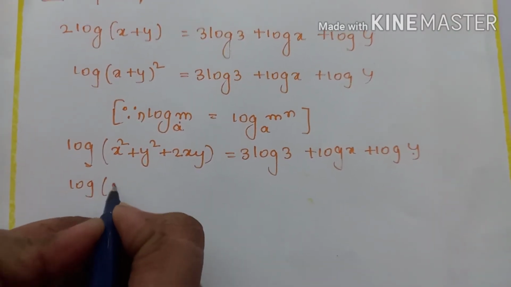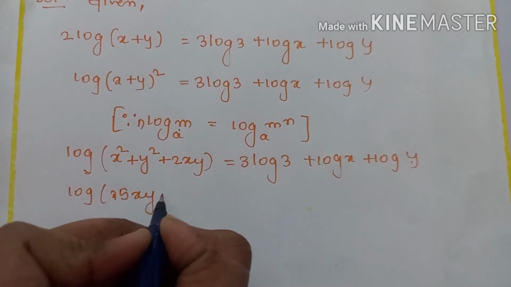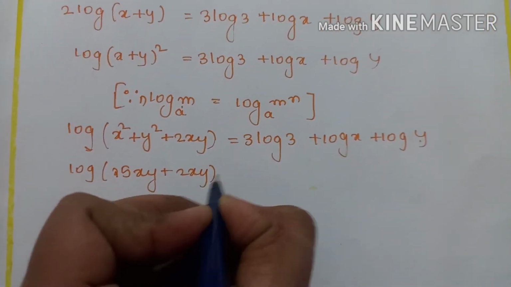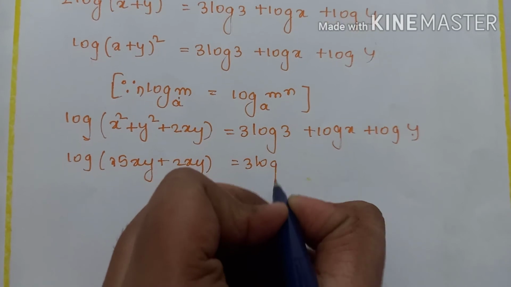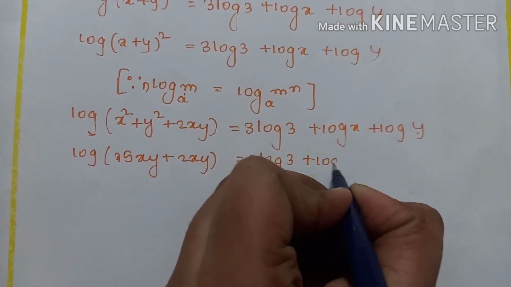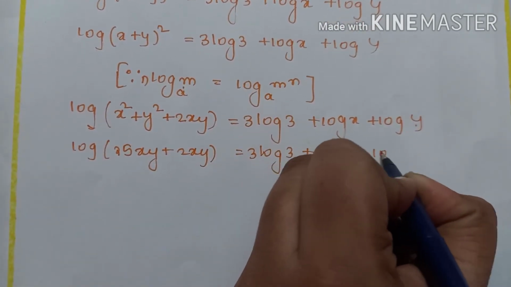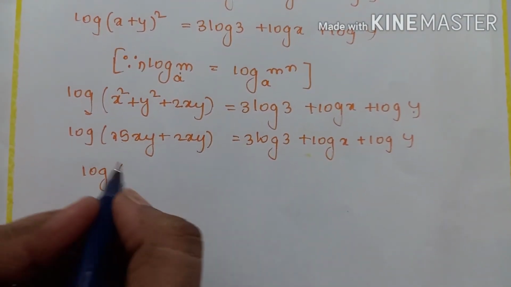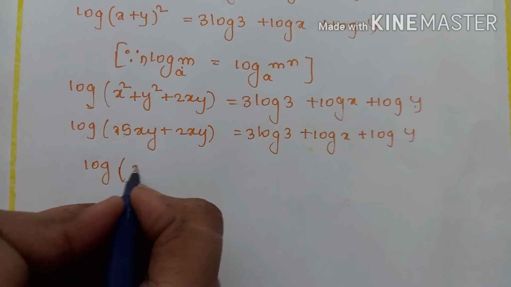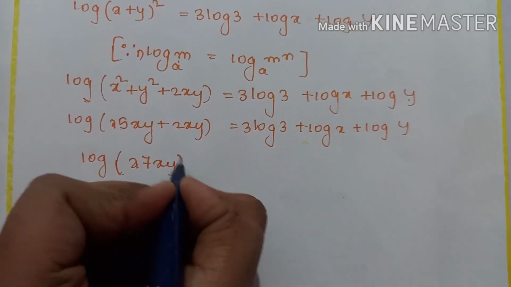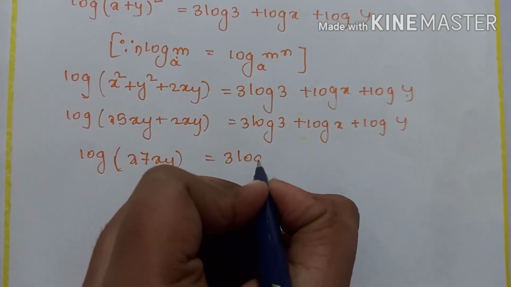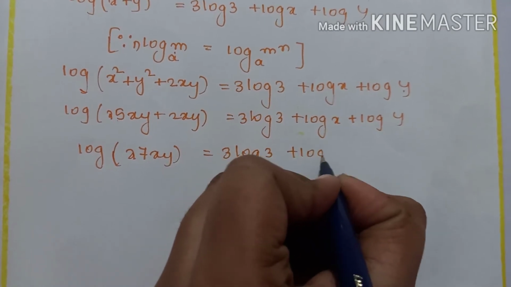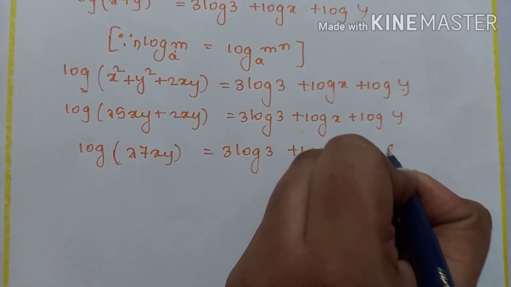So here it is 25xy plus 2xy, which is equal to 3 log 3 plus log x plus log y. So 25xy plus 2xy gives us 27xy, that is equal to 3 log 3 plus log x plus log y.